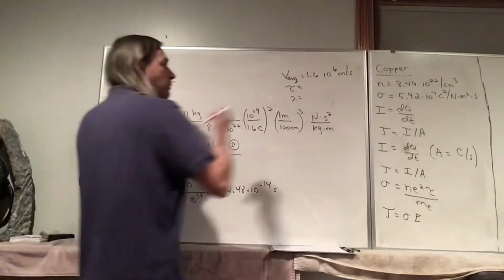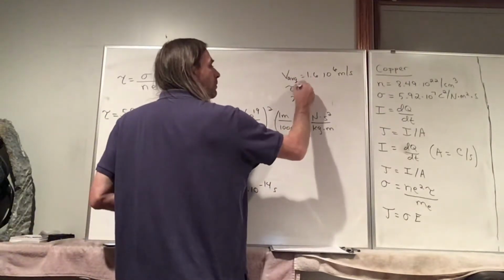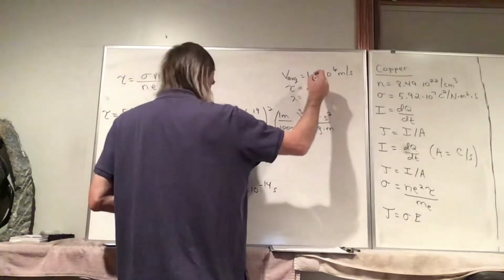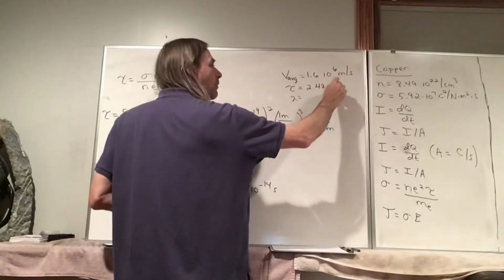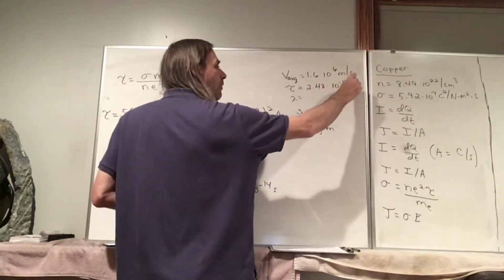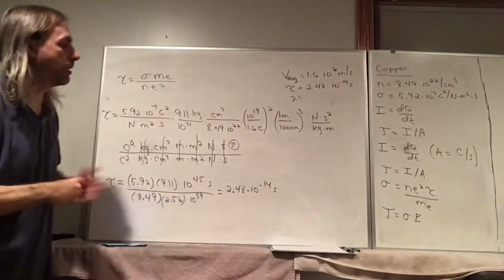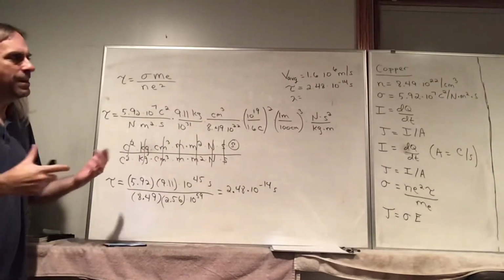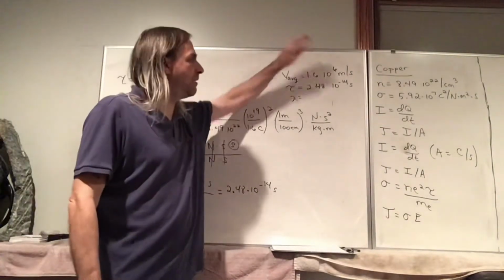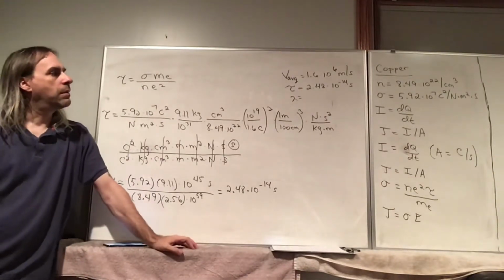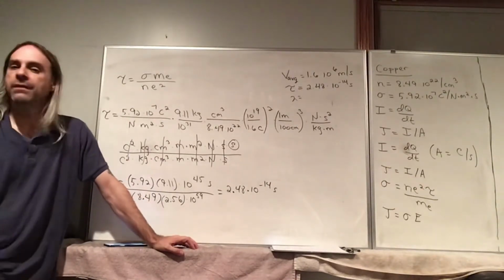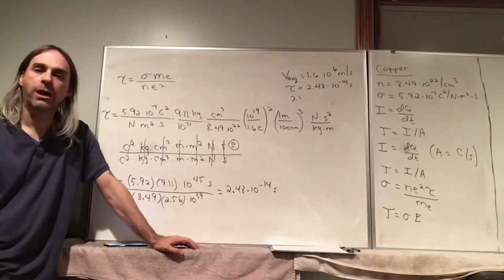And let's write that down. So a very short time here. And probably makes sense. I mean, we're moving, let's see, like 1/200th of the speed of light. This is extremely fast.